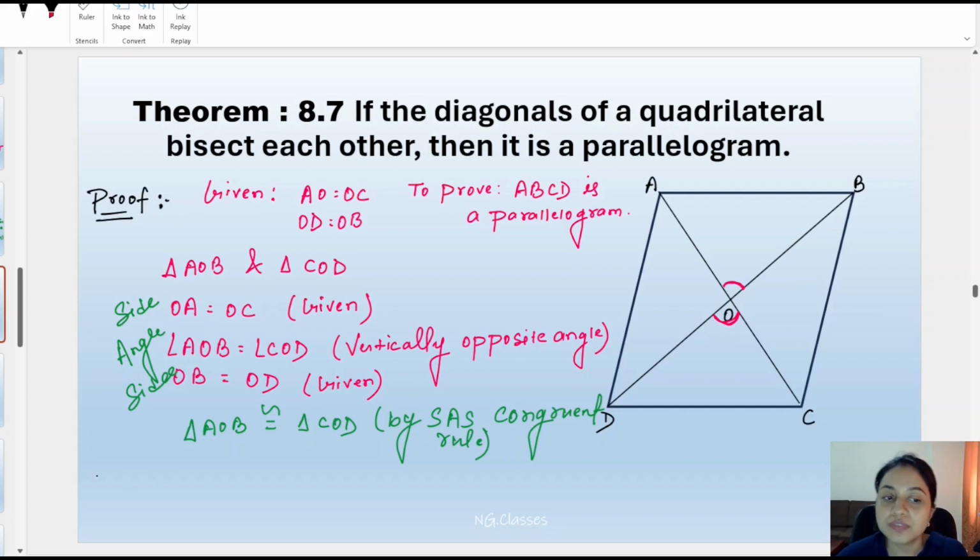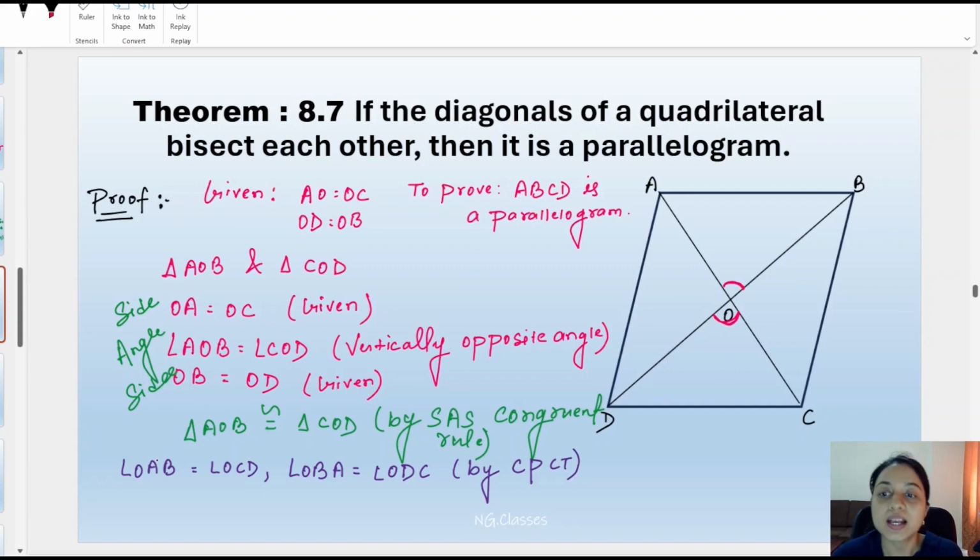So from here we can say that angle OAB must be equal to angle OCD and angle OBA must be equal to angle ODC by CPCT.